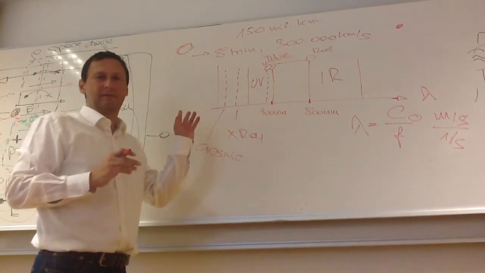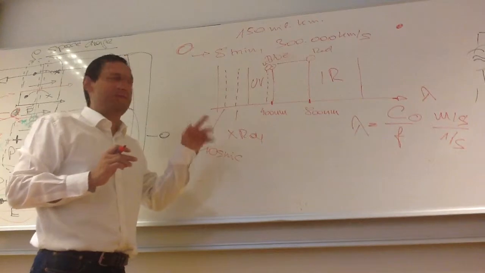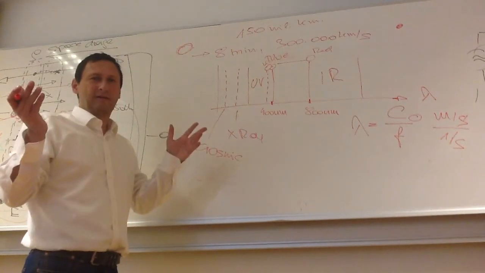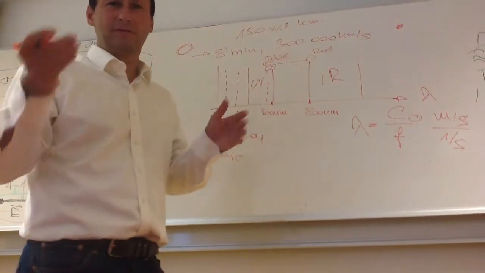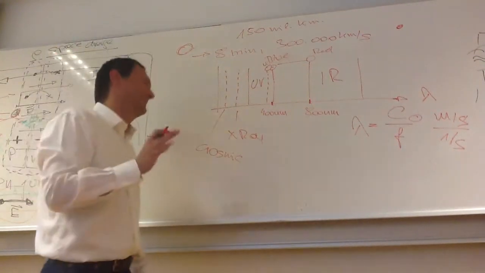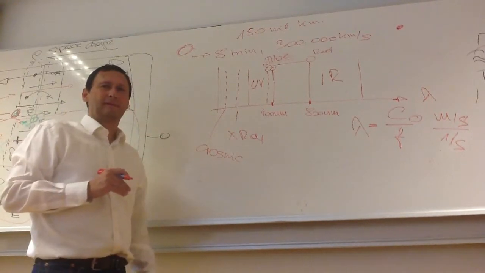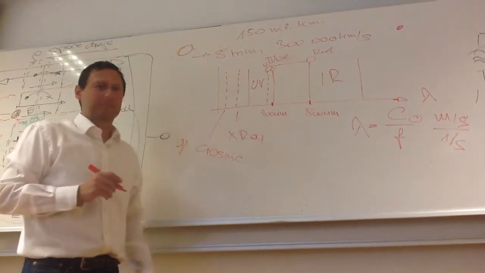Alpha radiation is from a core separation, an atomic bomb, but this is different. Gamma is the cosmic radiation, yeah.